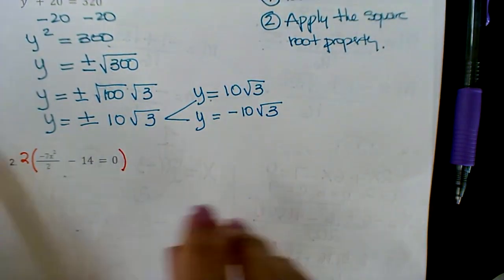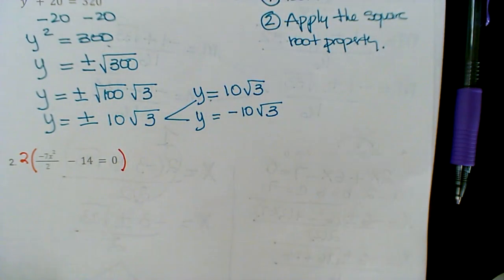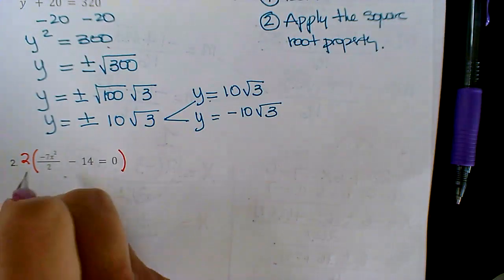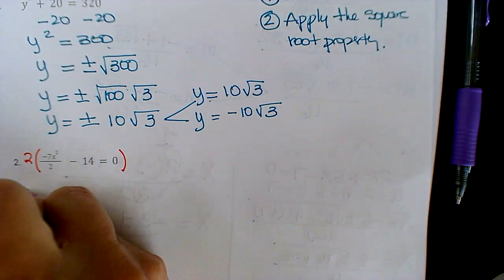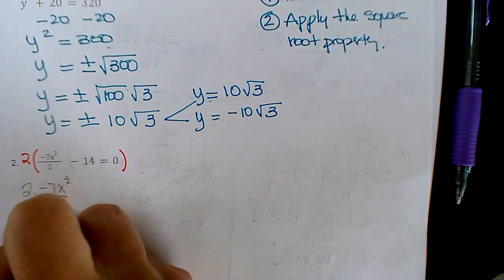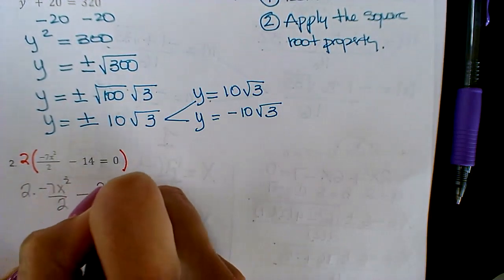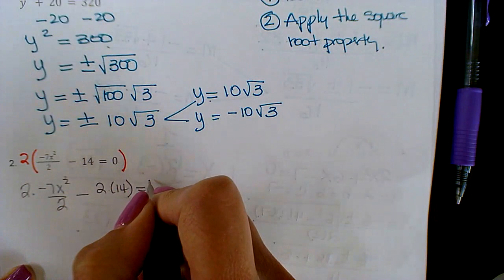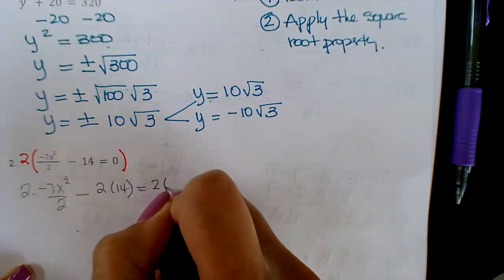So when I do that, this is going to be 2 times negative 7x squared minus 2 times 14 and 2 times 0.